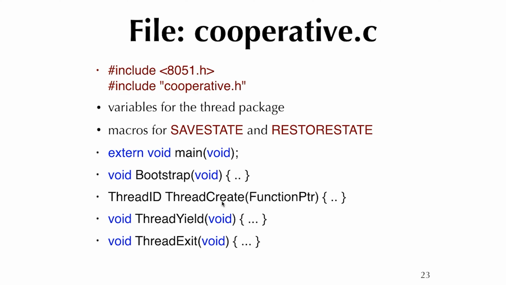ThreadCreate is a core function, and ThreadYield is basically doing the saving state, restoring state, with the scheduler in between, picking the next one to switch to. ThreadCreate is really to set up the context so that it's ready to be restored, or returned to. But it's just setting up the context. And exit, we'll just do as a placeholder for now.